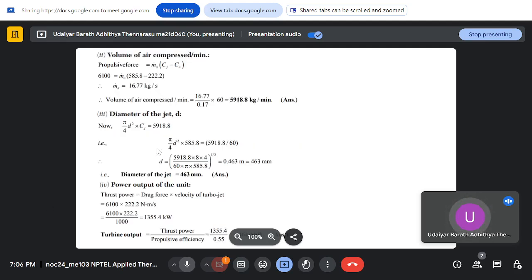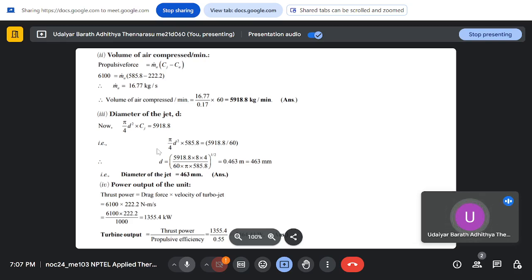Next is the volume of air compressed per minute. For this, the propulsive force is m dot A into Cj minus Ca, and this will be equal to the drag force. Because the aircraft is moving at a constant velocity, there is no net force acting.